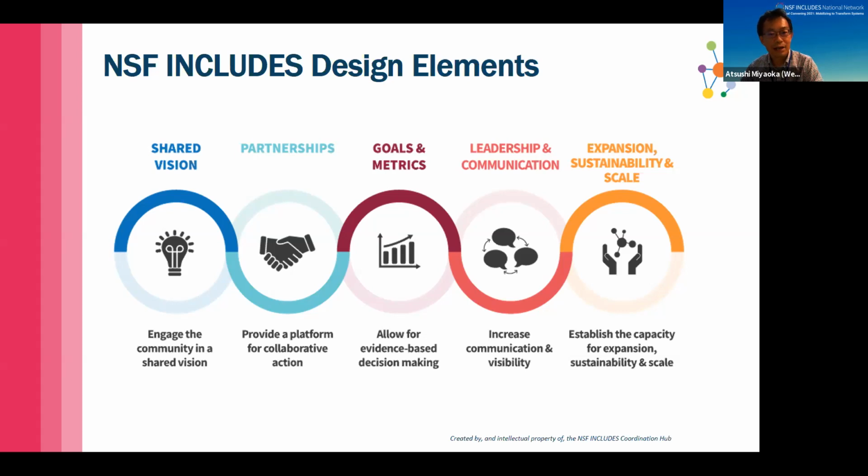6 of 8 alliances participated in the initial administration of this web-based survey. The other 2 opted out because they already administer similar surveys, but provided us with their survey data. Each of the 6 alliances identified key stakeholders, such as PIs, co-PIs, staff, partners, researchers, and evaluators, who were in a position to assess progress regarding the design elements.